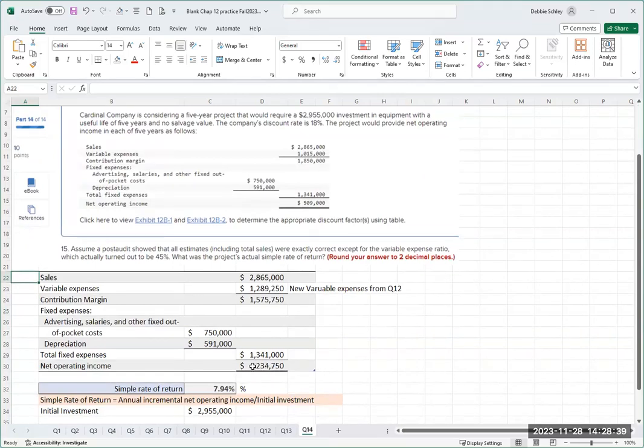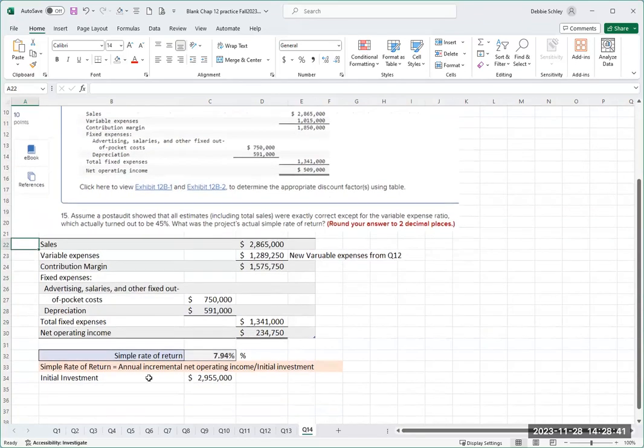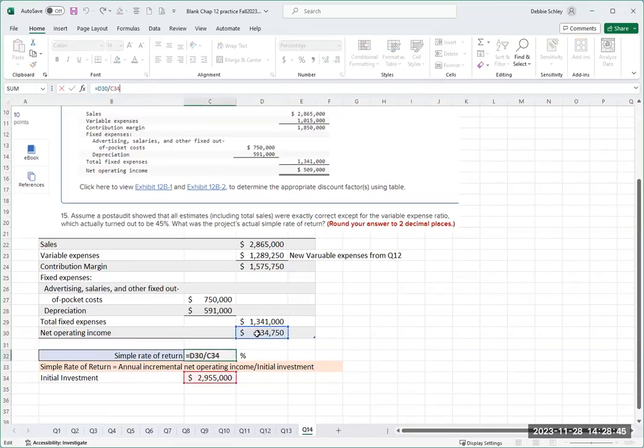So I have my net operating income. And if you'll remember, simple rate of return is the net operating income divided by the initial investment. And this one is a percent, and you need to round it to 2 decimal places. So my simple rate of return is 7.94.